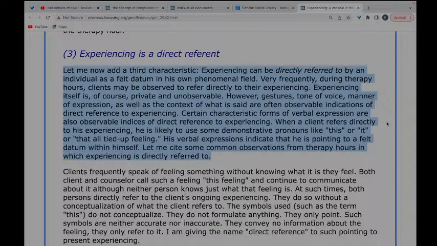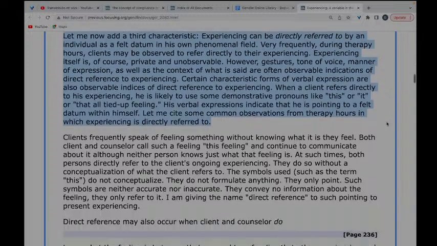There was this sign that they were referring inwardly because they were pausing, changing their mind, trying to notice something and find a better word for that thing inside of them. So that's the kind of thing that it sounds like he's talking about here.